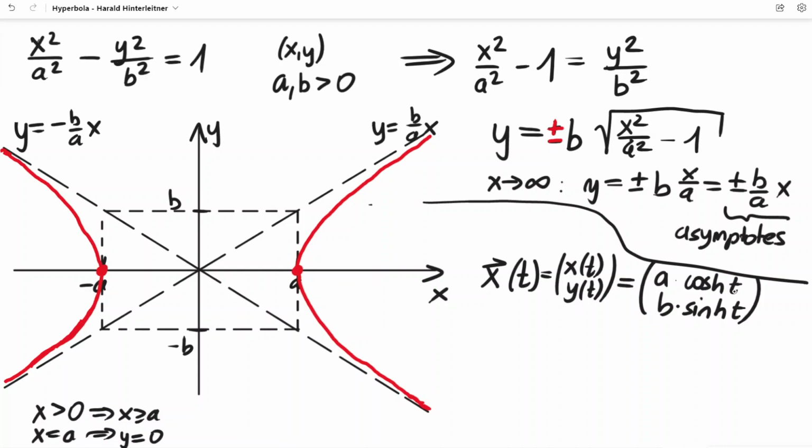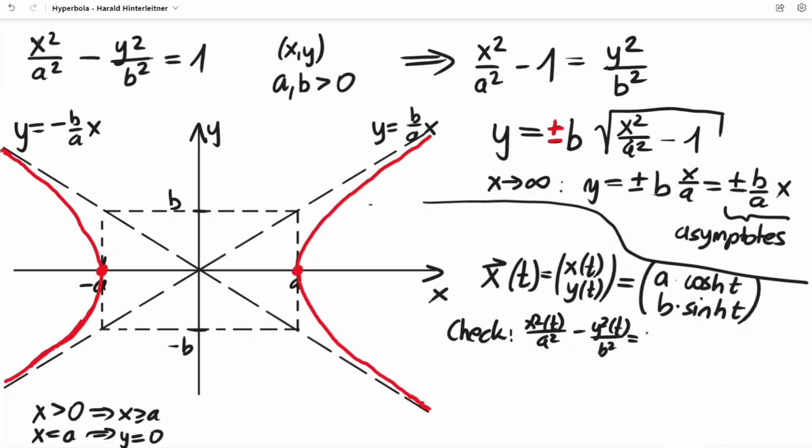More precisely, we have to check if the parametric representation fulfills the hyperbolic equation from the beginning. And this is simply done by plugging the parametric representation into this hyperbolic equation. So I start. So we check if this is fine. So x squared, depending on parameter t, divided by a squared, and the same for y.